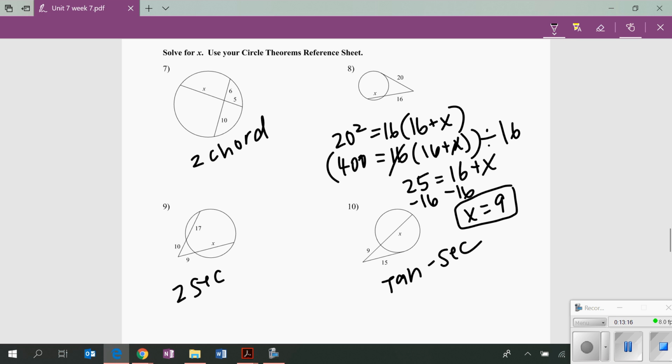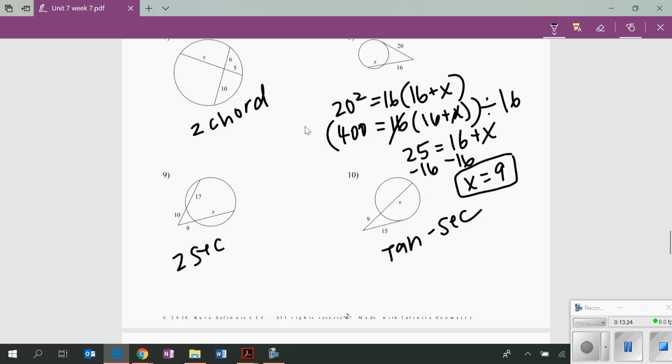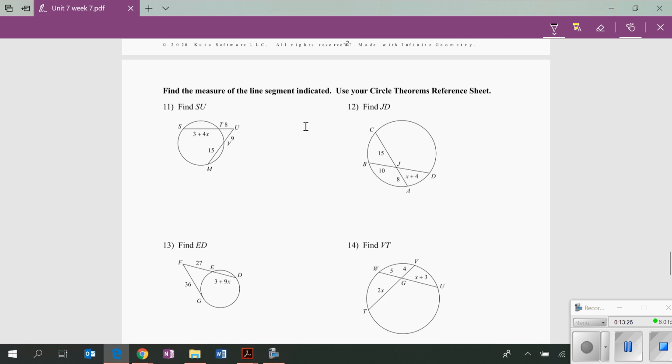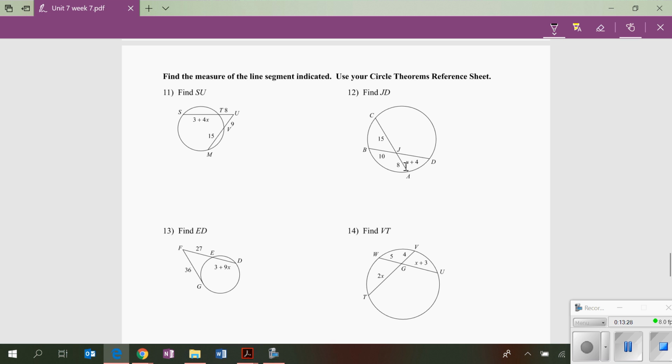All right. So just make sure you're reading your different theorems carefully and plugging it into the equations that you see there.